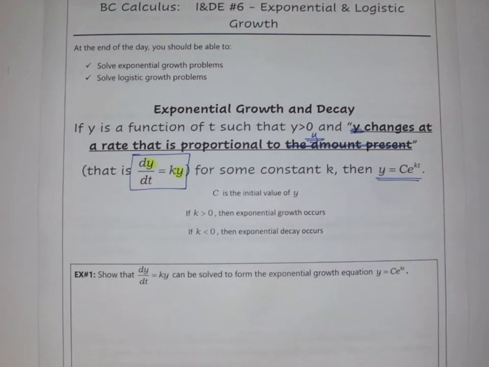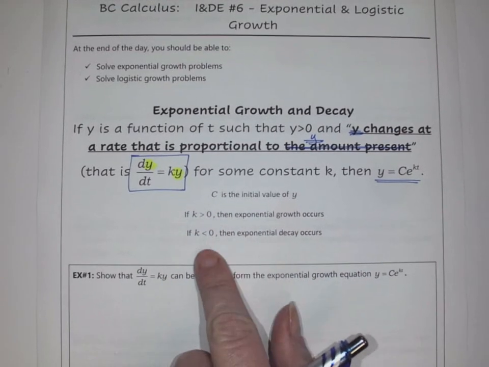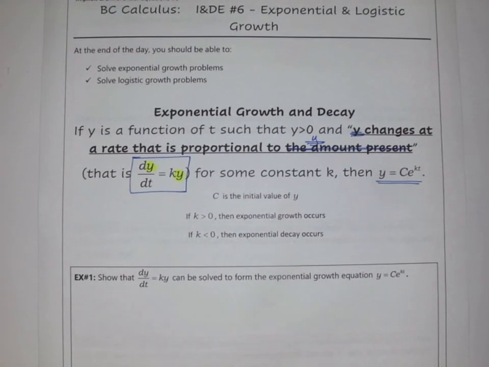It's a constant that differs depending on the conditions of our situation. If k is positive, then we have exponential growth. If k is negative, then we have exponential decay.